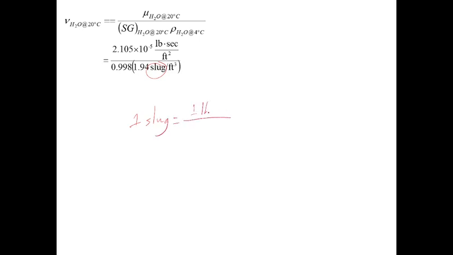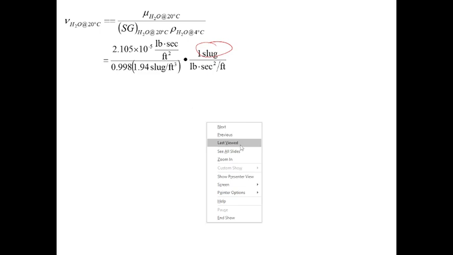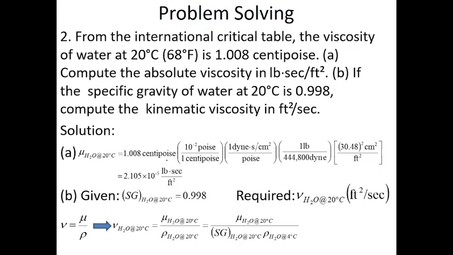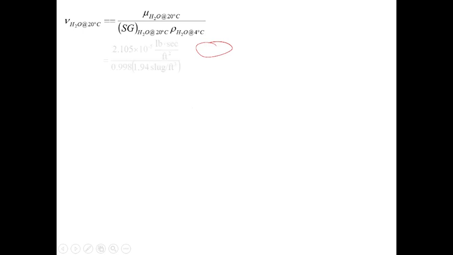That is 1 pound second squared per foot. Memorize that. It became like that because 1 slug is 1 pound second squared per foot, so that the slug cancels. Our goal is to have a unit of square foot per second, the kinematic viscosity.